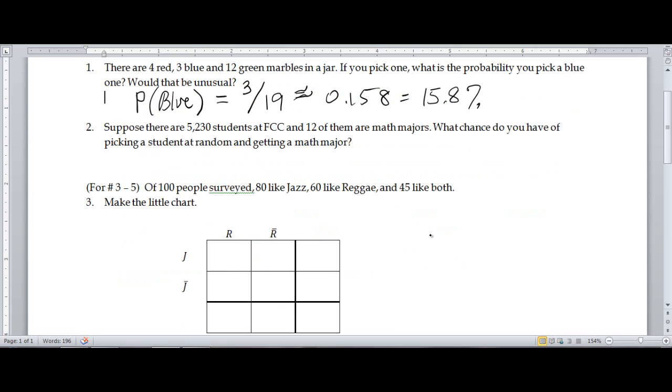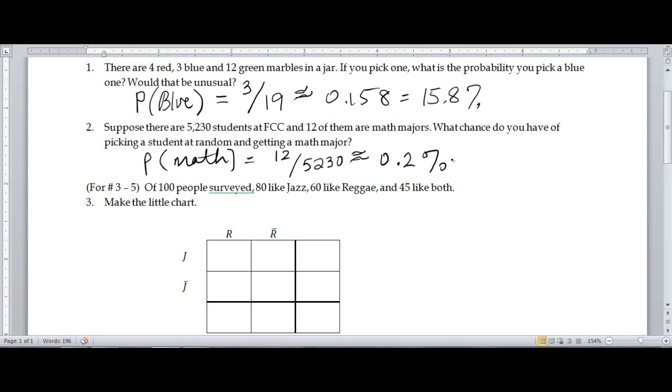Well, how many math majors do we have? 12. Out of how many total students? 5,230. Okay. You can leave that as a fraction or change it to a percent, and it changes to roughly 0.2%. So 0.0022 is the decimal, and that's 0.2%.